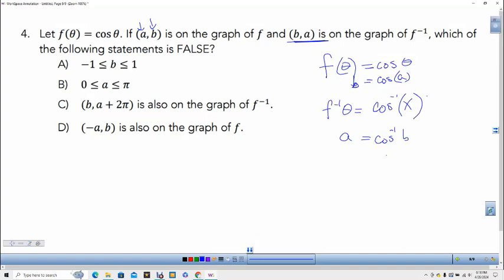Now, it may help to kind of see these graphs. So remember, cosine, we've got this, right there. It does continue on. And then when we talk about the inverse, we're going to come down here to, this is at -1, but we're actually going to go from 0 up to pi.